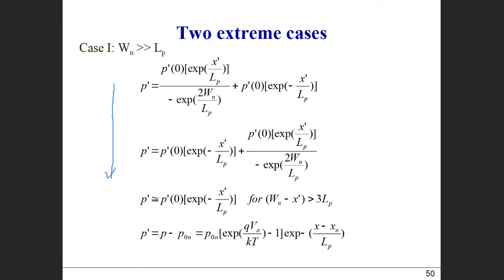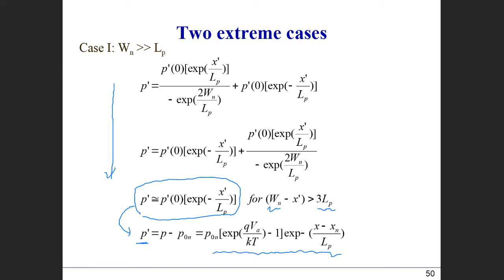So if the Wn is larger than 3 times the Lp, we can approximate this equation with this term. And from there, we have the solution for this excess hole carrier concentration. We'll have this kind of equation.